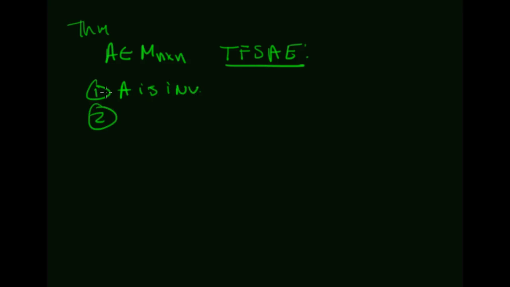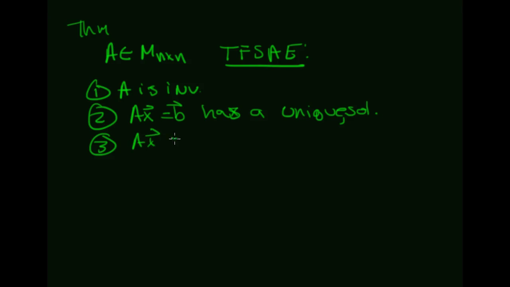Okay, so it's non-singular, it's invertible. 2, AX is equal to B has a unique solution. 3, the homogeneous case has only the trivial solution, which is the appropriate zero vector, right?